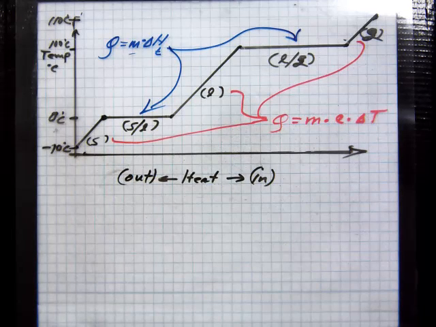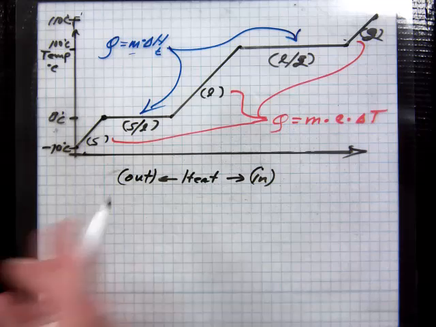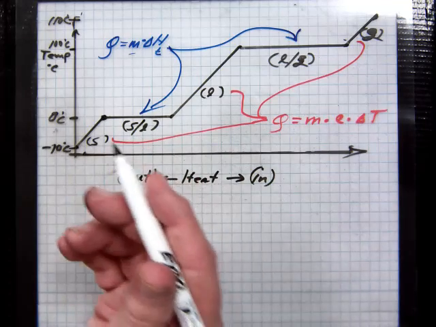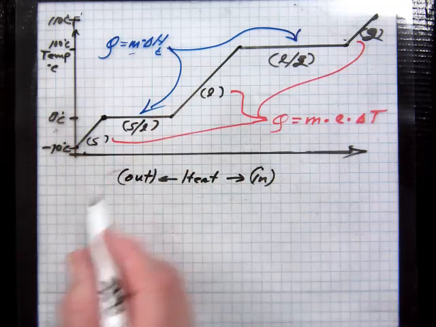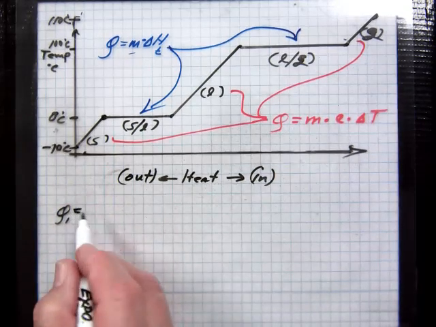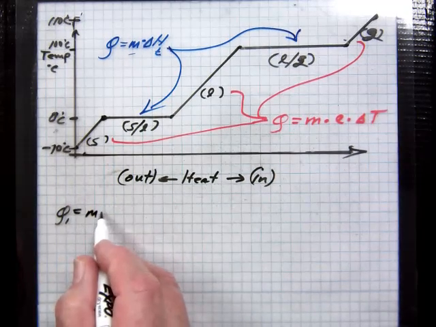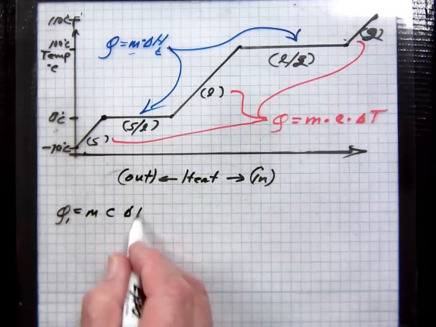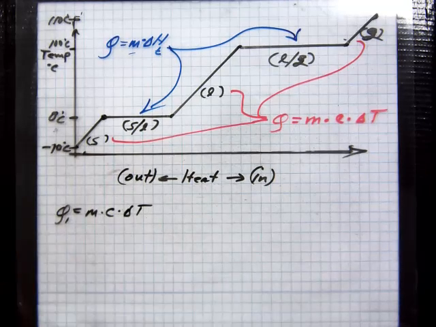You calculate them individually. And then you add up everything at the end, and that tells you the total heat flow. So we'll start here warming from minus 10 to 0. So Q, we'll call that Q1, is MC delta T. We start with 10 grams.